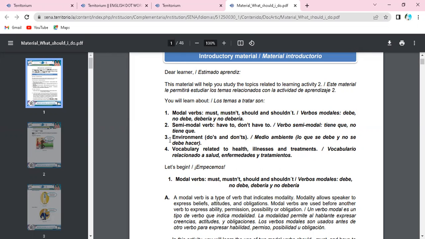Because that's vocabulary, so that's something you have to learn by your own, you know, like you need to check it before doing all the activities. As you can see, all the material is related to the pieces of evidence that you have to develop in this learning activity, and it's always the same with all the learning guides in English that works.